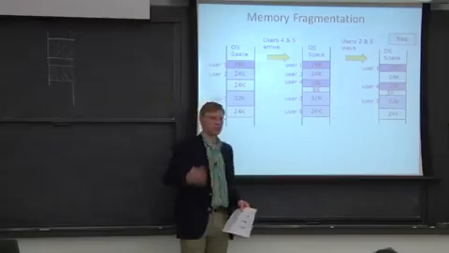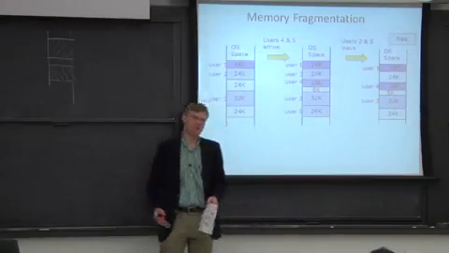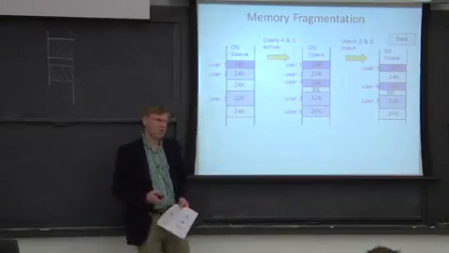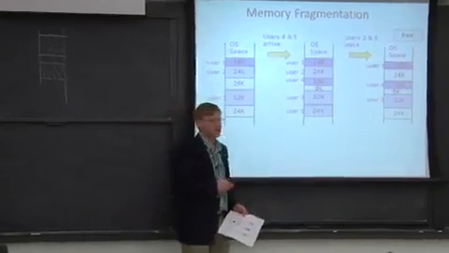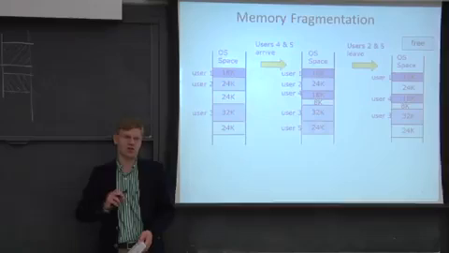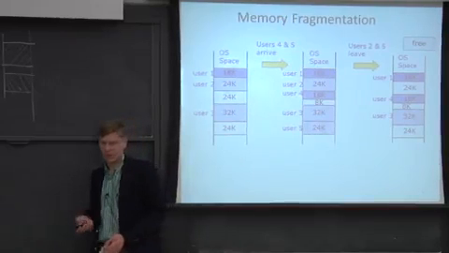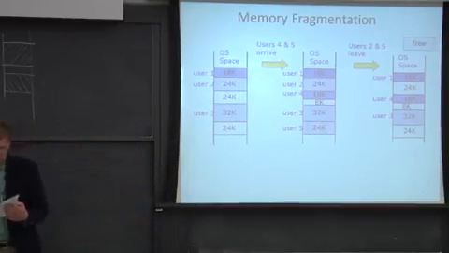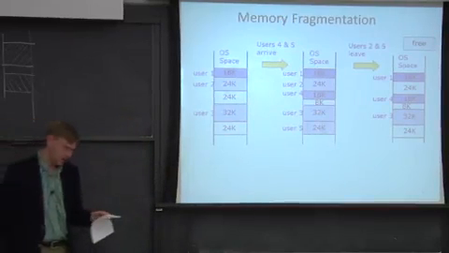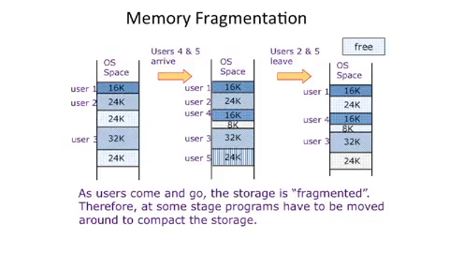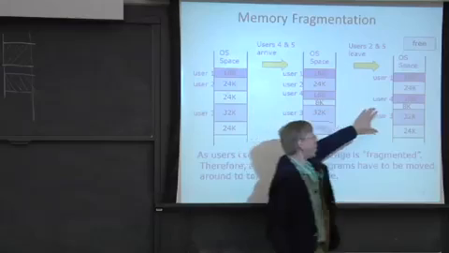So we start to get some holes showing up here, and some small holes. And if you repeat this thousands and thousands of times, at some point, with relatively high probability, you end up with lots of little chunks of memory, which are hard to reclaim. And this is memory fragmentation. If you look at something like a modern-day garbage collector, it'll actually try to re-squish all this data together.